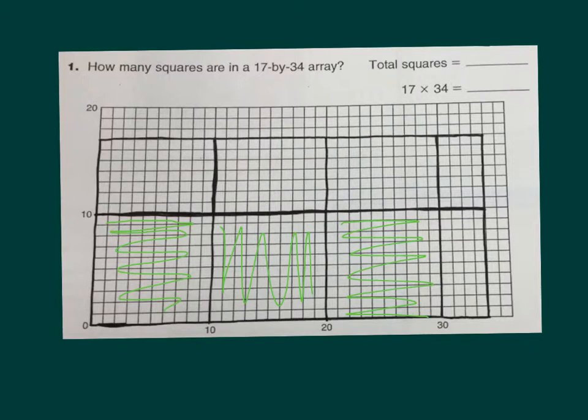No. So I'm going to move on and start looking for groups of 10. I notice here on the top that from this side all the way across is a group of 10. So I know that I have a group of 10 there. I have groups of 10 here. And I have groups of 10 up here.